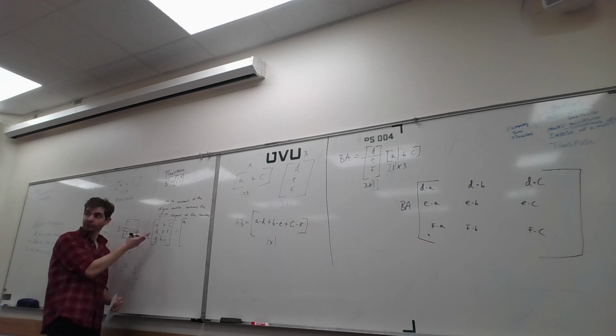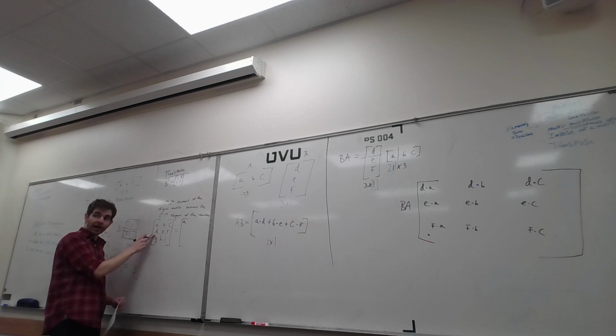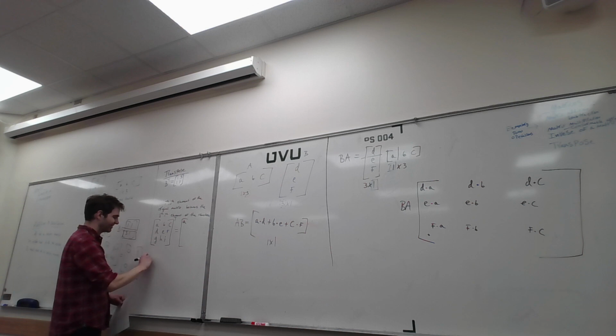Rows and then columns. So this is the I equal to 2, J equal to 1 element. Let me write it out, sorry. Here I is equal to 1, J is equal to 2.